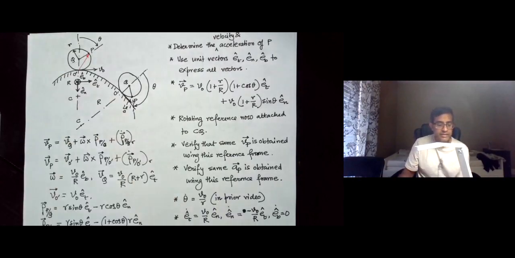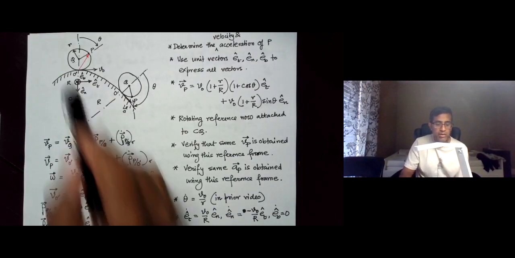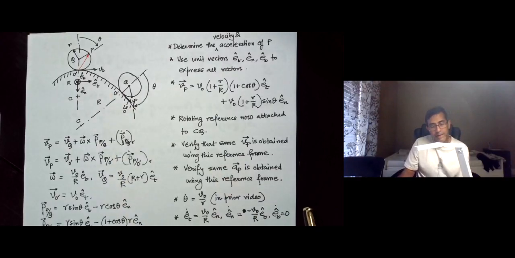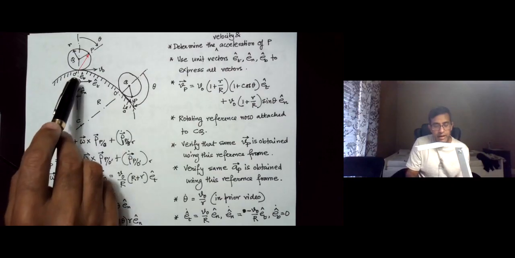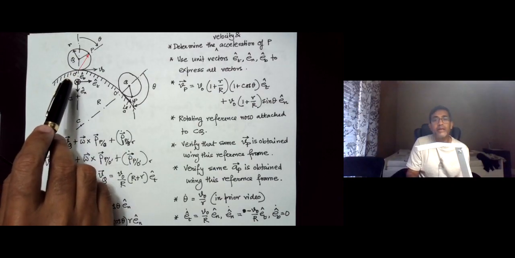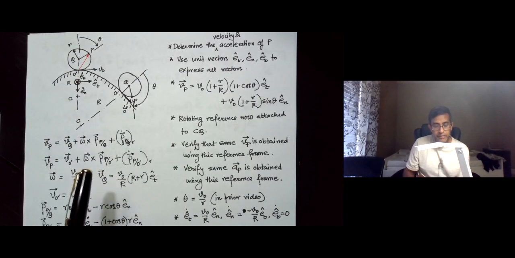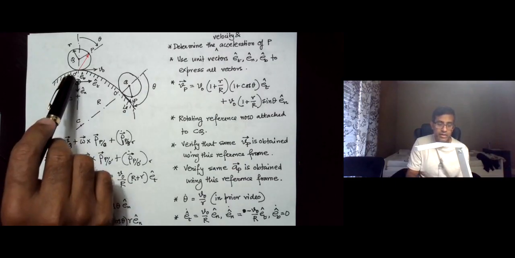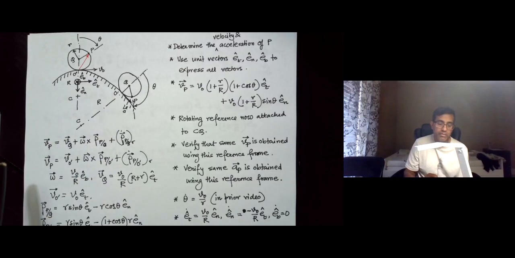The disk is of course circular with a radius small r, and it is given that the point of contact O prime is the point of contact associated with the ground, with the curved ground surface at any instant.